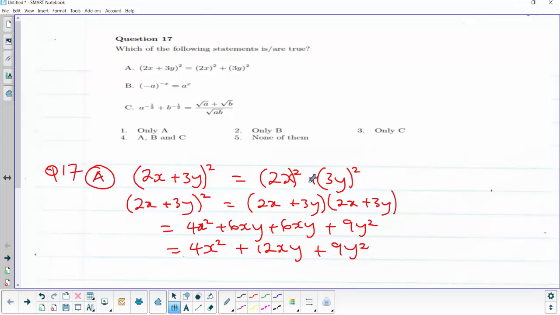Let us consider the other side as well and compare whether they are going to be the same or not. Remember, we have (2x) all squared plus (3y) all squared. When we evaluate this, we get 4x squared plus 9y squared.